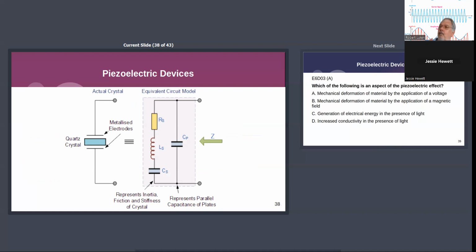So you see the parallel capacitor, and then the series capacitor, inductor, and resistance, because there is loss in it, just like any other real world device. That's the actual parallel tuned circuit that it represents.